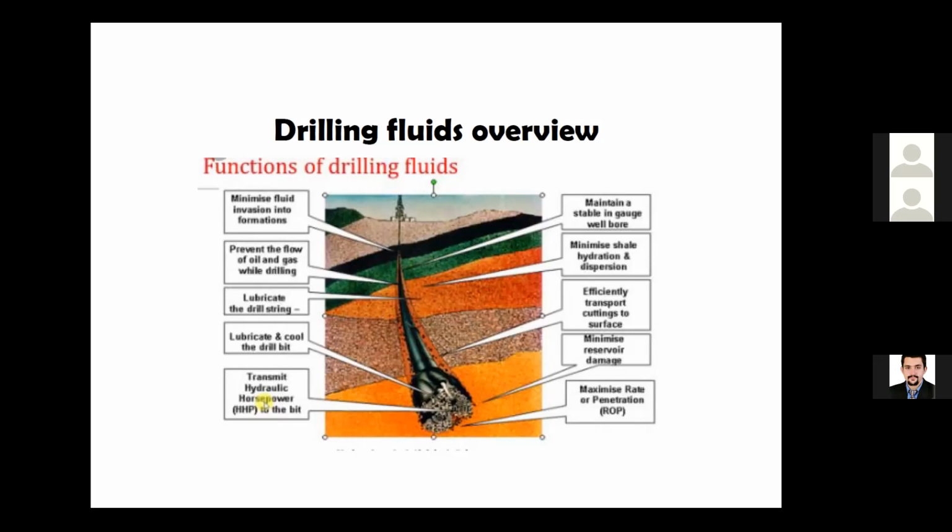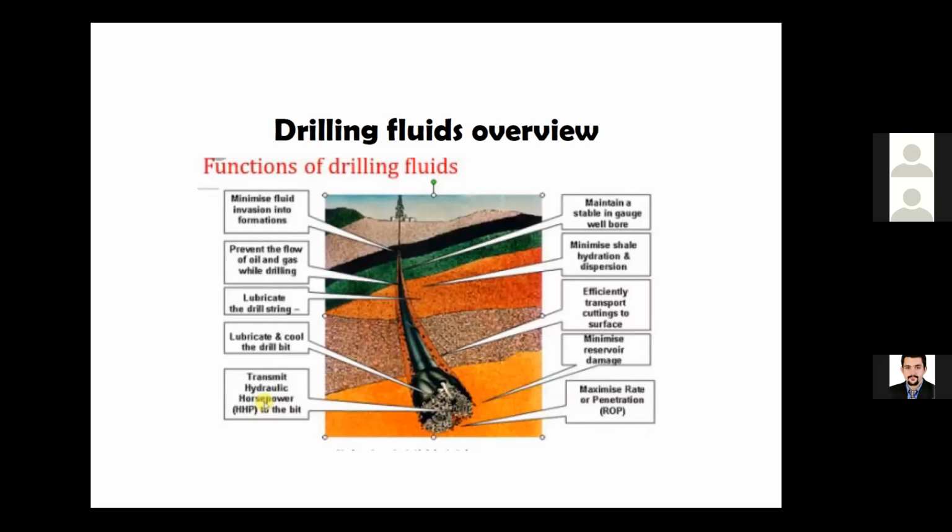It is calculated according to the software to maximize the force at the bit, using two concepts, either the horsepower concept or the impact force concept. So we can drill efficiently and safely.